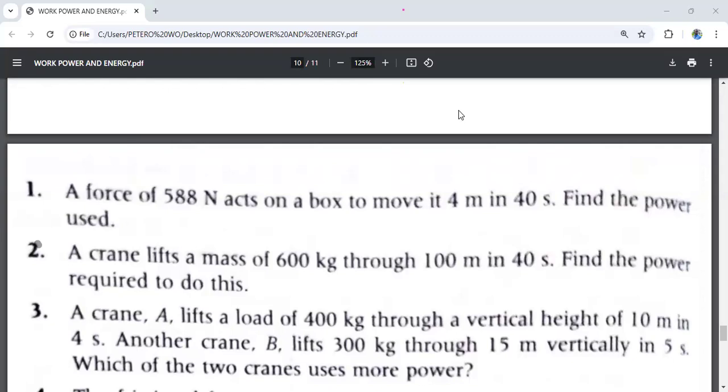Okay, we are having answers. Many of us have up to number 3, and I hope each one of us has tried.